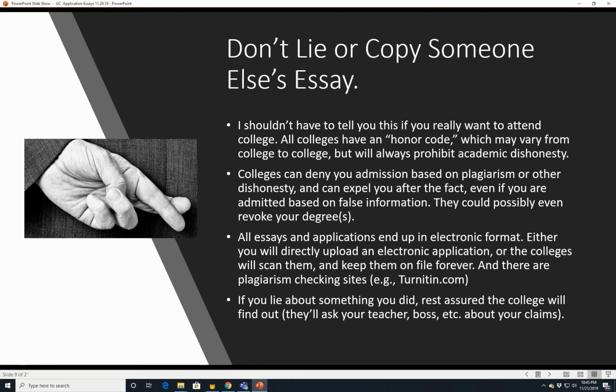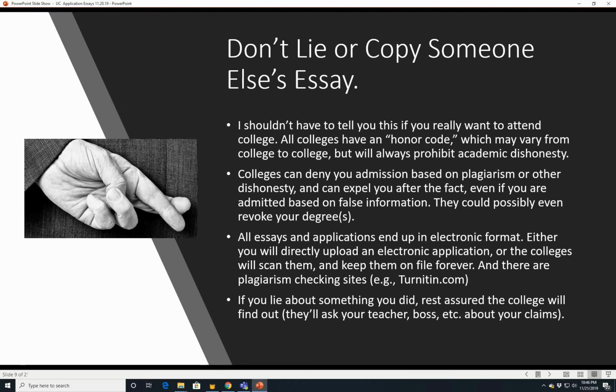Academic dishonesty, such as submitting somebody else's work and claiming it to be your own, or not properly citing sources, or lying about something on your application, that can get you kicked out after you've already been admitted with the false information. In an extreme case, a college might even try to revoke your degree if they find out after you've graduated. It's not likely, but it could possibly happen, and just assume that the worst thing is going to happen to you. Assume you're going to get caught, and come on, you know what's wrong to cheat.